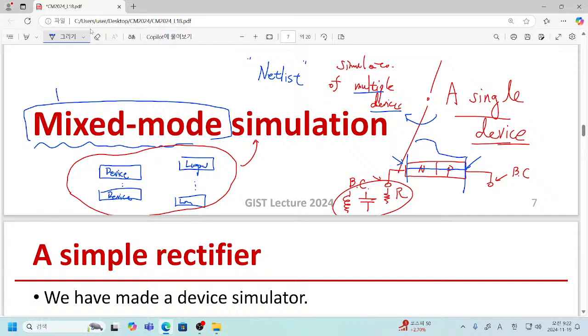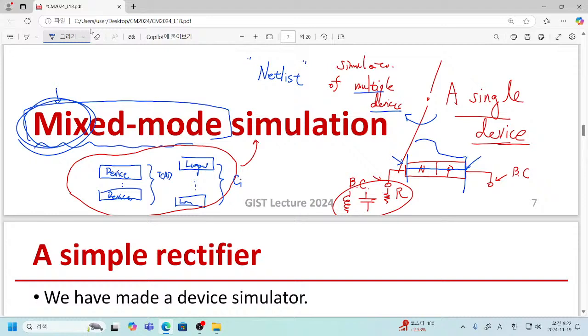So they call it mixed mode. Why do we say mix? What is the mixture? They say that device simulation is a typical area of TCAD. However, inclusion of lumped elements is not a boundary of conventional TCAD simulation.